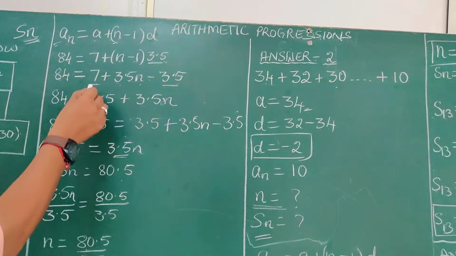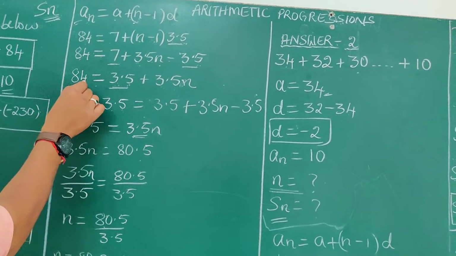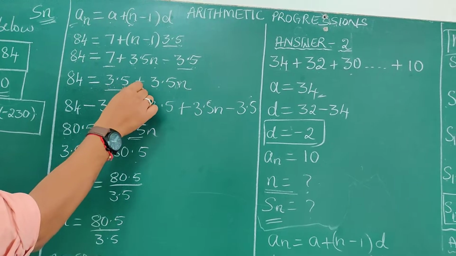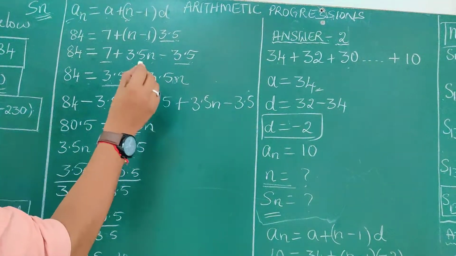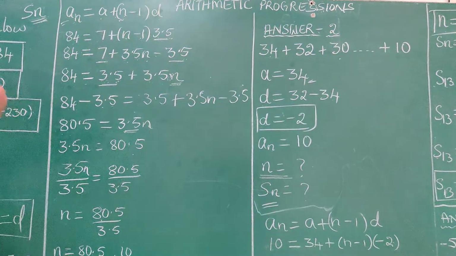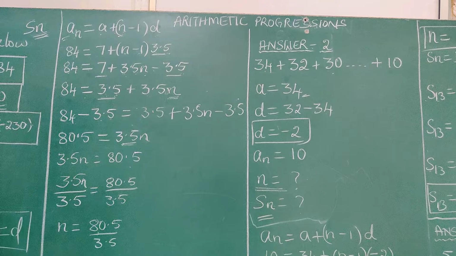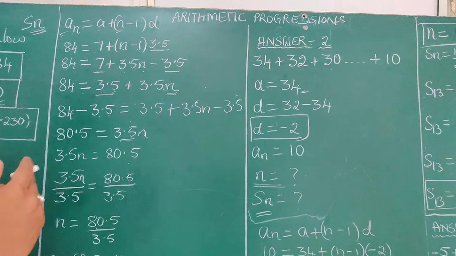Now you can see that 7 minus 3.5 is 3.5. Therefore, 84 equals 3.5 plus 3.5n. Now you need only the n value. So all these things will transfer to the other side by a suitable operation. 3.5 plus 3.5 is there, so subtract 3.5 on both sides.